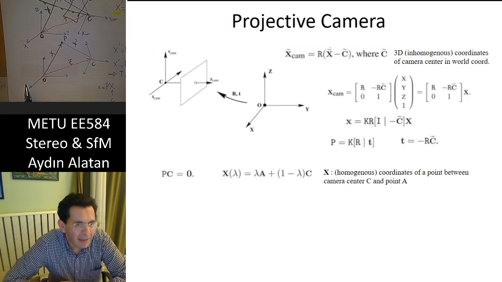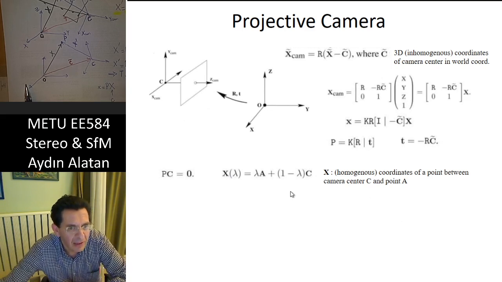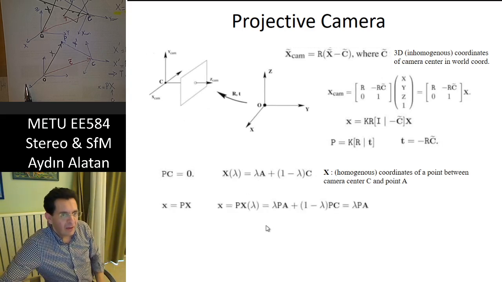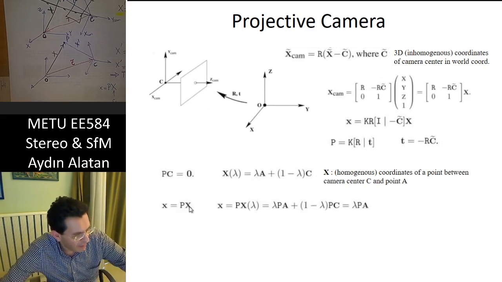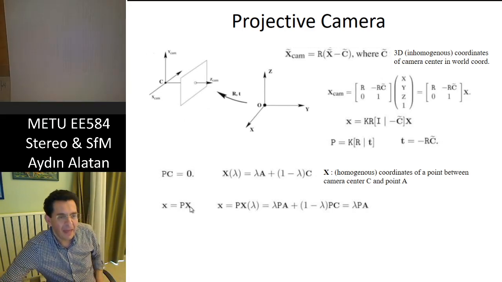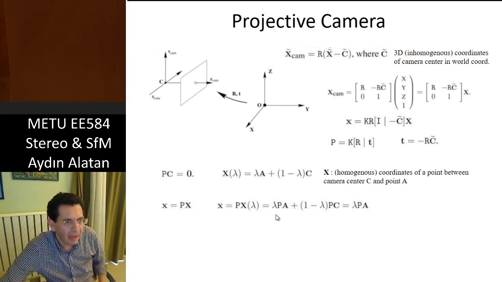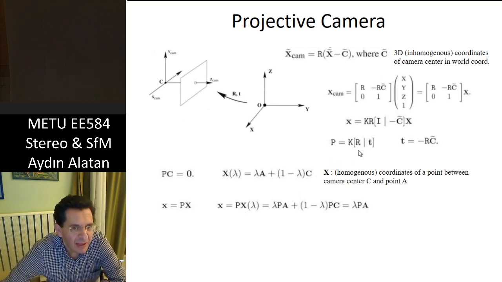is nothing but a point. It's a homogeneous point where it is starting with the camera center C and going to infinity like this. Therefore, the lambda parameter is just showing us where we are. Now, if we again multiply P by x, and P is written in this form and x is written in this form, P will be first multiplied with this guy.